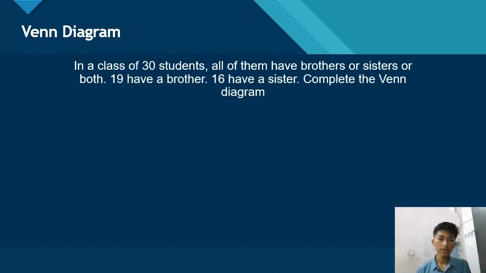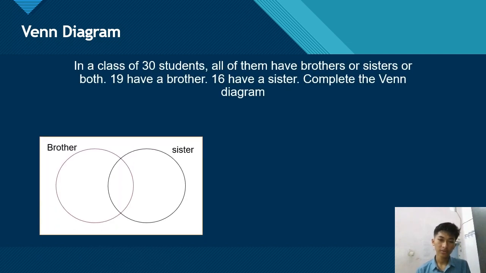Okay, the next: in a class of 20 students, all of them have a brother or sister, or both. 19 have a brother, 16 have a sister. Complete the Venn diagram. The first thing to notice is that 19 have a brother and 16 have a sister.